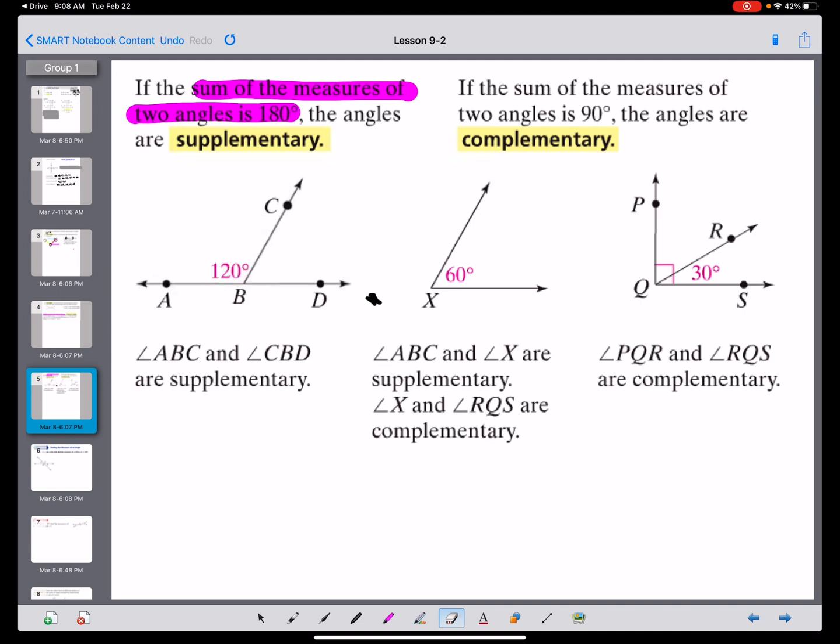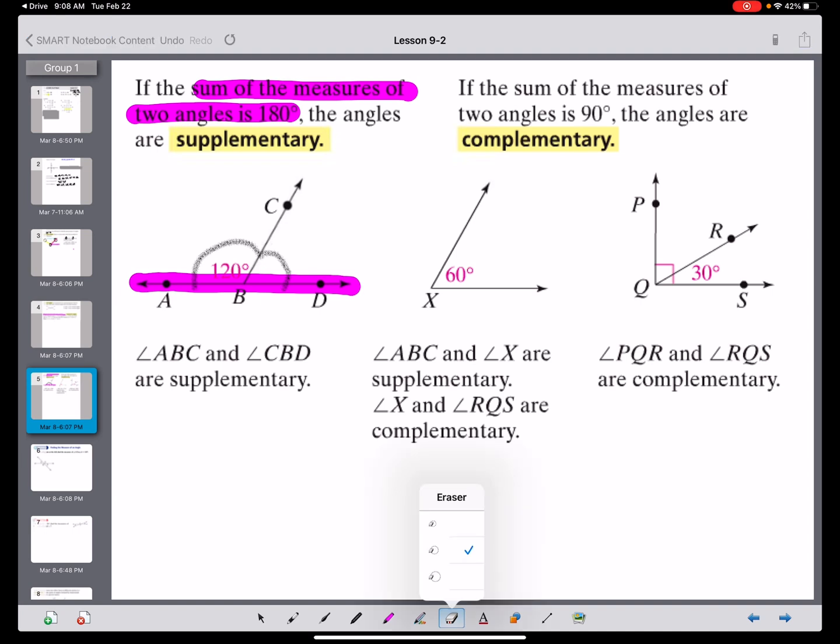I also know that because this is a straight angle, if I were to add together the measure of this angle plus the measure of this angle, it would equal a straight angle, or 180 degrees. That means that these two angles, angle ABC and angle CBD, are supplementary.